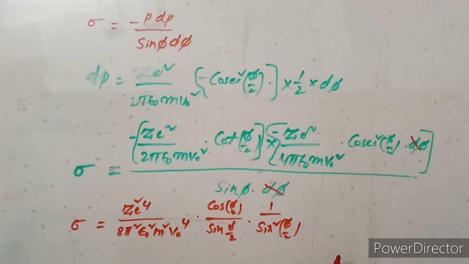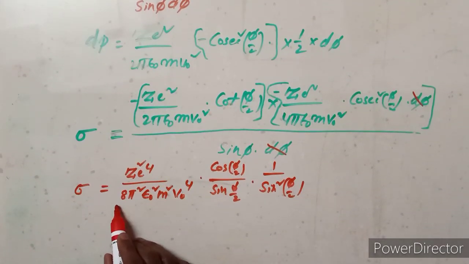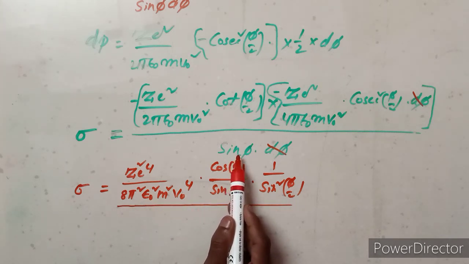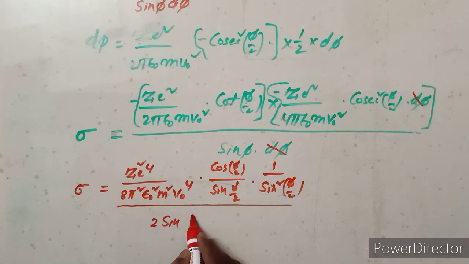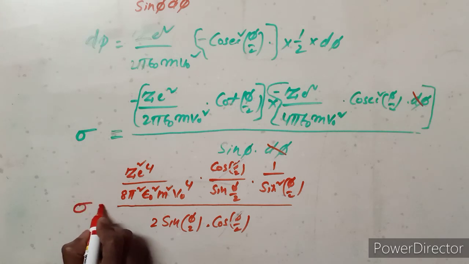Remaining is, here, sin phi can be written as 2 sin phi upon 2 cos phi upon 2. So cos phi upon 2 cancels. This is the correct way.